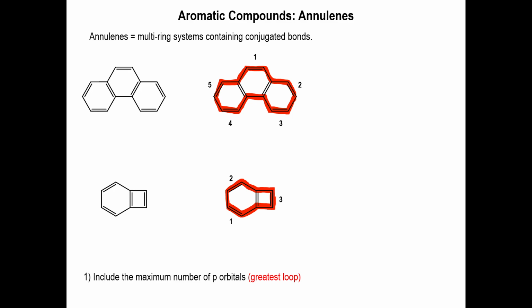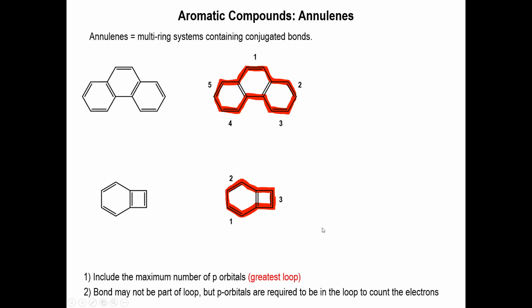And what this means is that you want to count a pi bond if it is literally in the loop itself, right? So if you look at the molecules here, I'm counting 1, 2, 3, 4, 5, because those are the double bonds that are literally in the highlighted loop. Down here, we have 1, 2, and 3. That's what's highlighted in the loop itself.